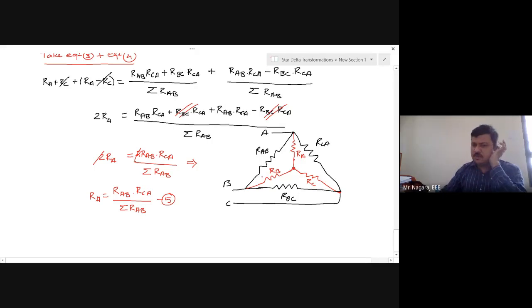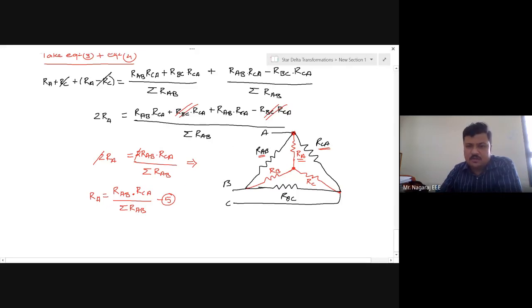Now observe the value RA, which is equals to the product of two resistors in delta, that is RAB into RCA. So what are these RAB and RCA? RAB and RCA are the resistors connected to the terminal A. RAB is a resistor connected to terminal A. RCA is a resistor connected to terminal A. So what is RA?